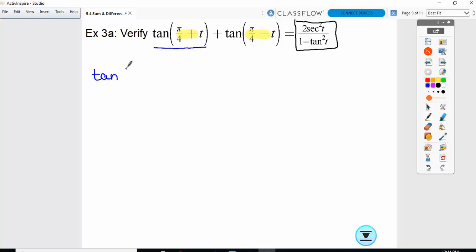So that's the tangent sum formula, tangent of A plus B. So that's tangent of A plus tangent of B over 1 minus tangent of A tangent of B.